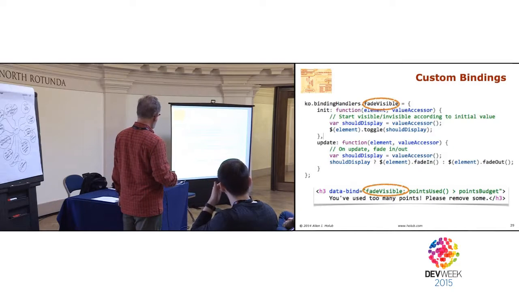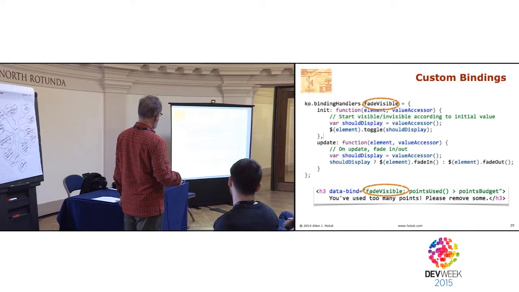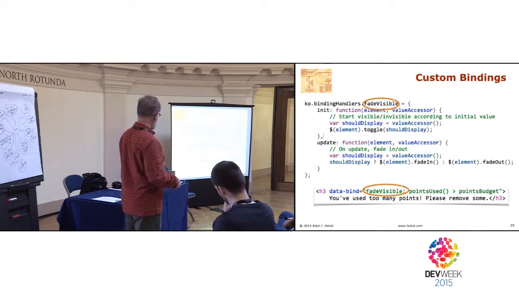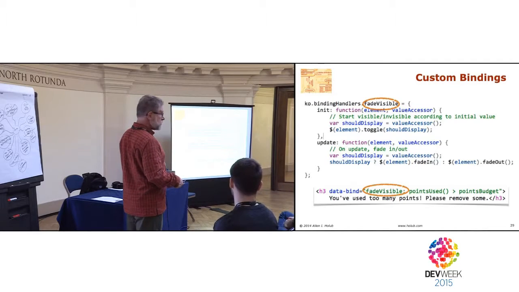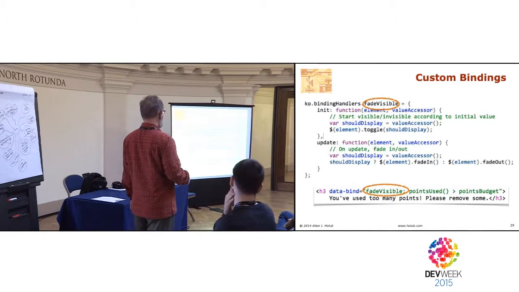So in other words, here in the H3 element, I'm saying I want to data bind using my custom fade visible binding, which is going to effectively be passed the result of evaluating it. Everyone understanding what I'm trying to accomplish? So this function then gets executed as the binding would trigger.